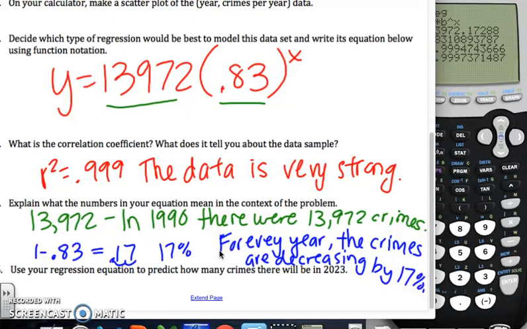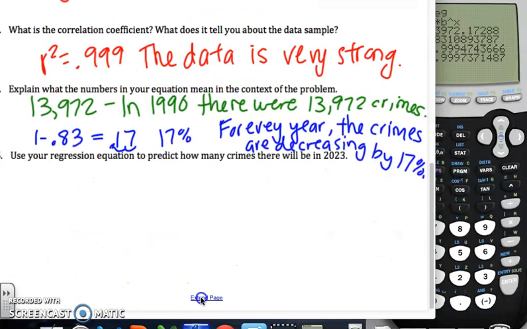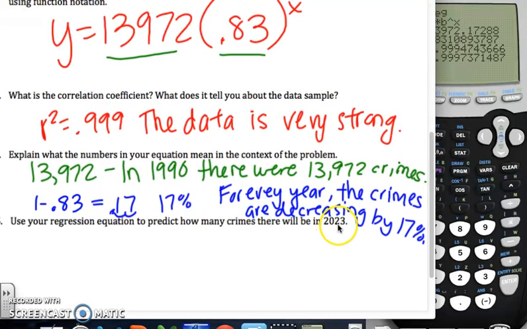Okay. All right. Last question. Use your regression equation to predict how many crimes there are going to be in 2023. So you're not going to plug in 2023 into your equation. You need to figure out how much time has passed from 1990 to 2023. Okay.